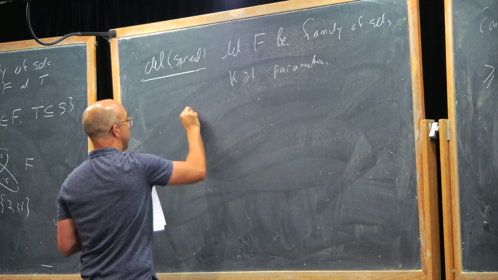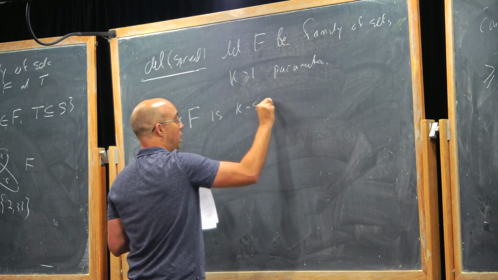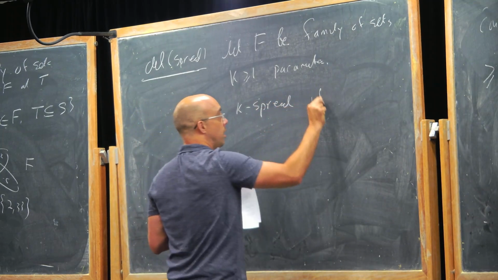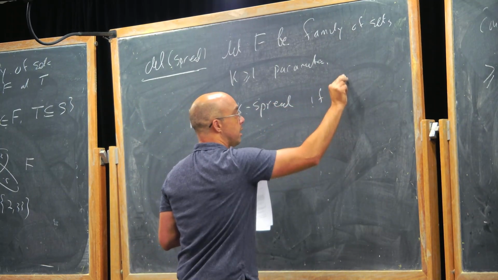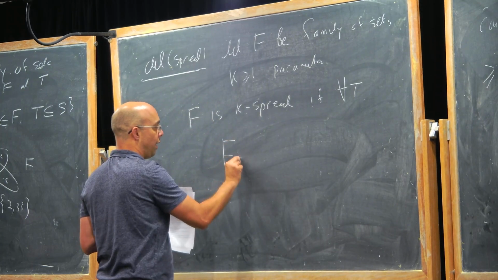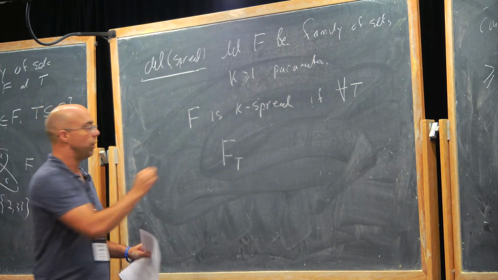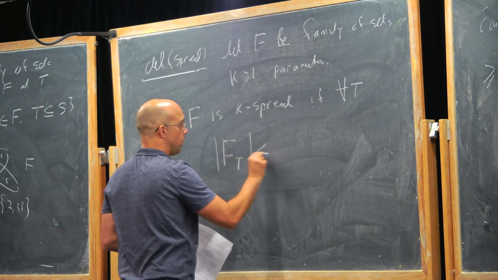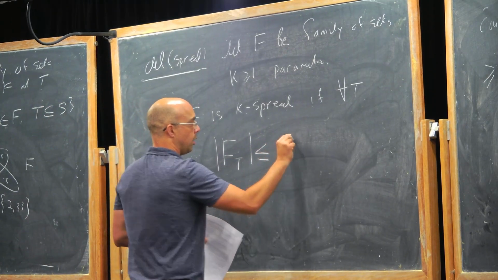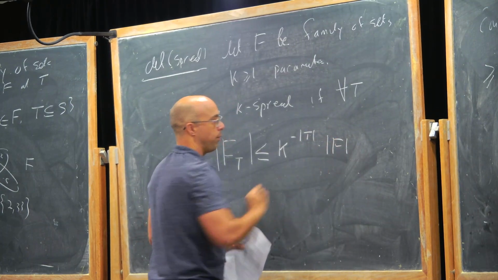We say that F is K-spread if for all sets T, if I look at the link F_T, it shrinks down. So it's at most K to the minus |T| times the size of F.